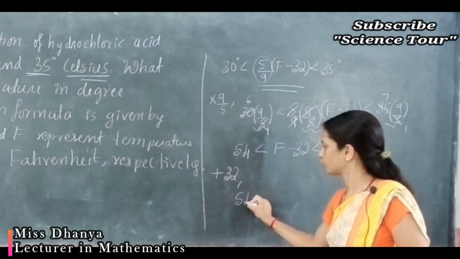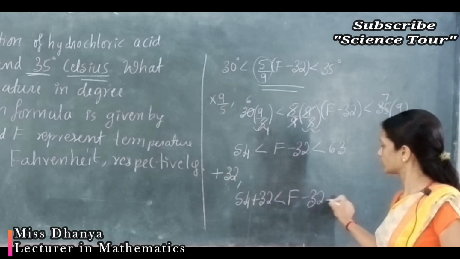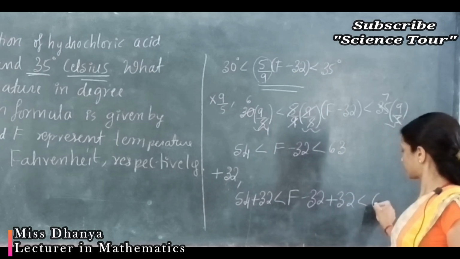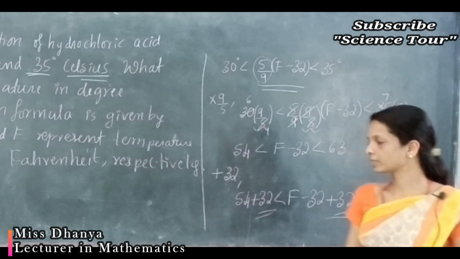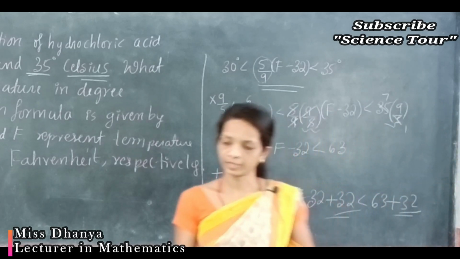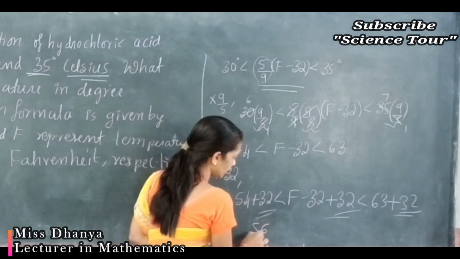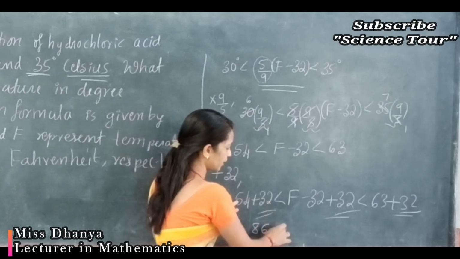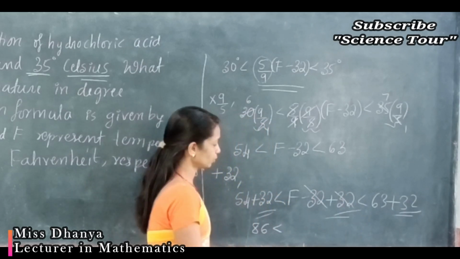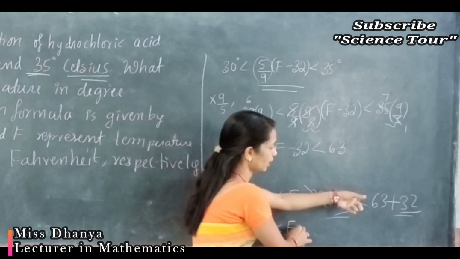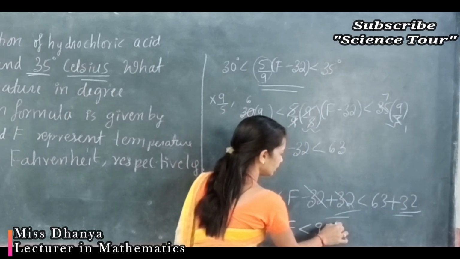So then you get 54 + 32 less than F - 32 + 32 less than 63 + 32. Now 54 + 32 gives 86. Adding these two, you get 86 less than, and here minus 32 plus 32 cancels, so we are left with F, less than 63 + 32, which is 95 degrees Fahrenheit.